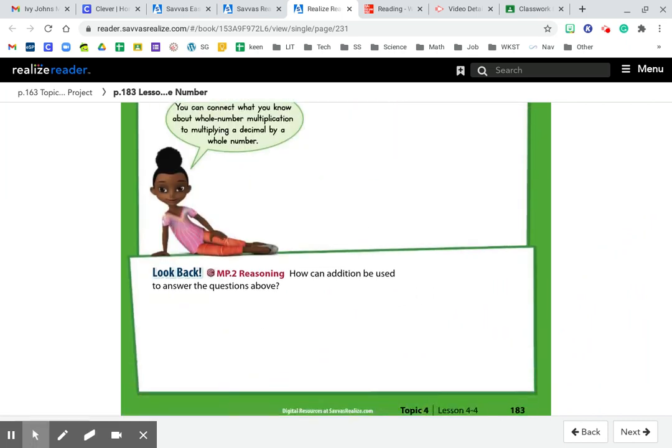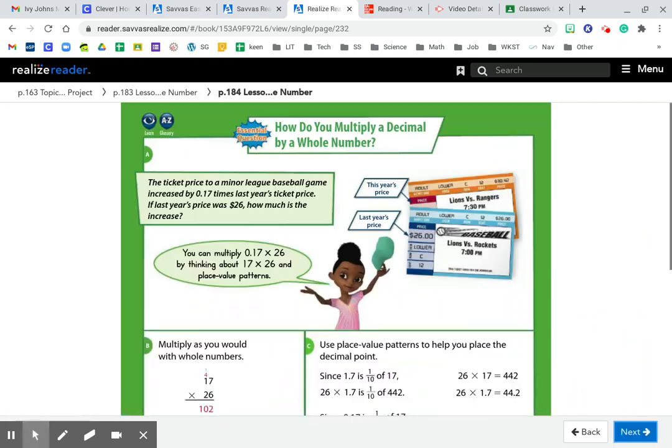And how can addition be used to answer the questions above? We kind of just showed that in how we answered it in the 2 different ways. How do you multiply a decimal by a whole number? The ticket price to a minor league baseball game increased by 17 hundredths of last year's ticket price. If last year's price was $26, how much is the increase?